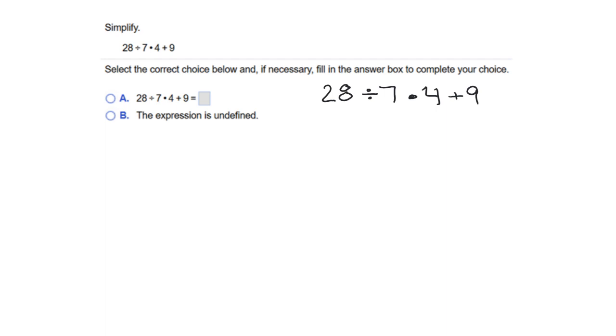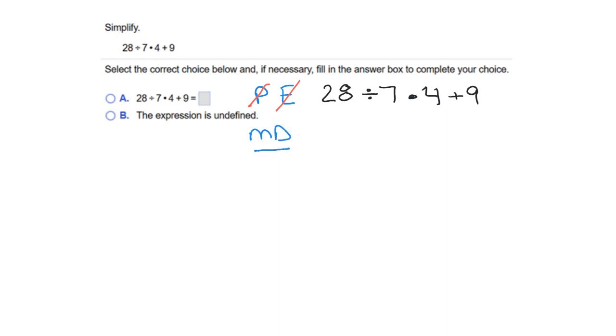Simplifying means perform your order of operations. So I'm looking for parentheses. Looking left to right on my expression, I do not see any parentheses. Then I'm going to look for exponents. Do I see any exponents? Well, no, I do not see any exponents. So that was step 1 and step 2. Step 3 is multiply or divide from left to right.